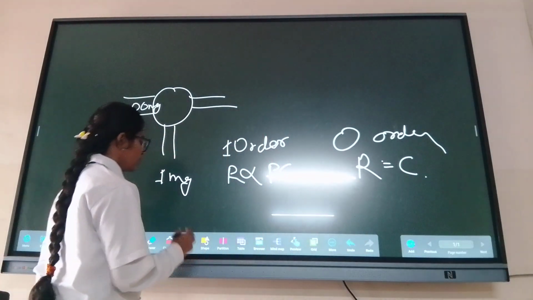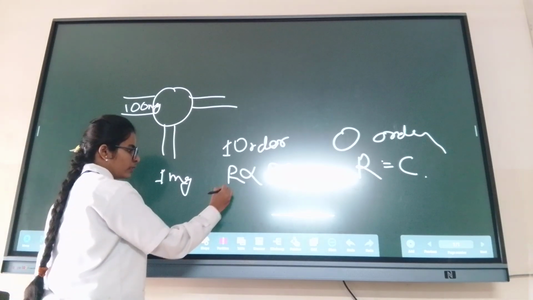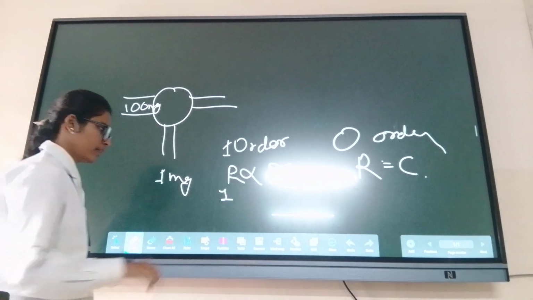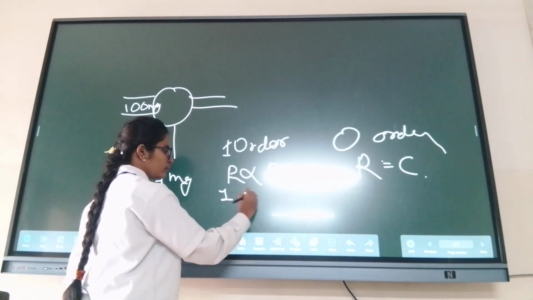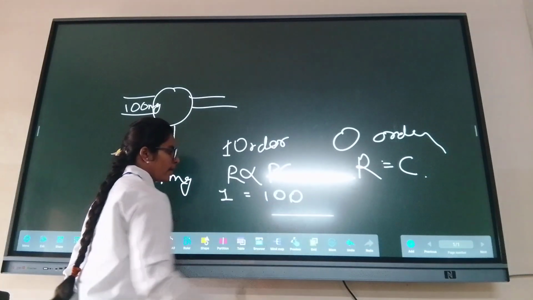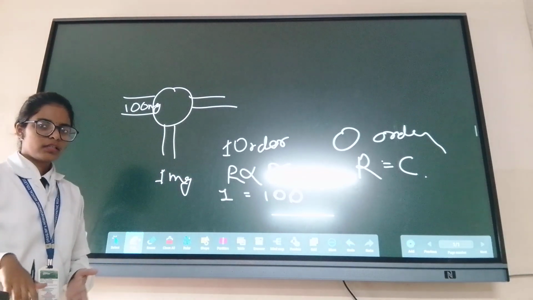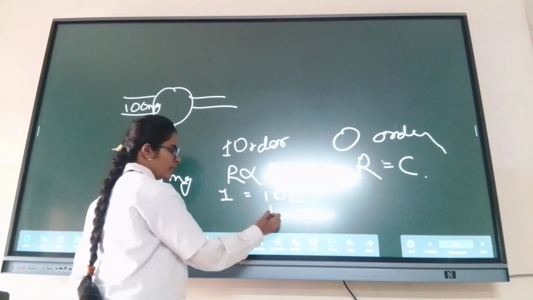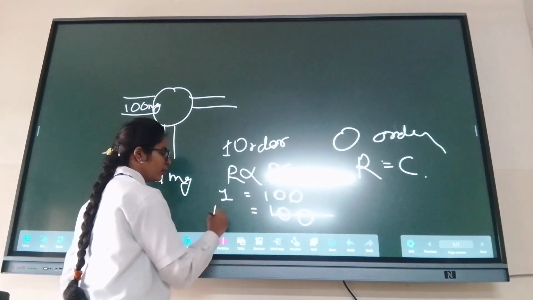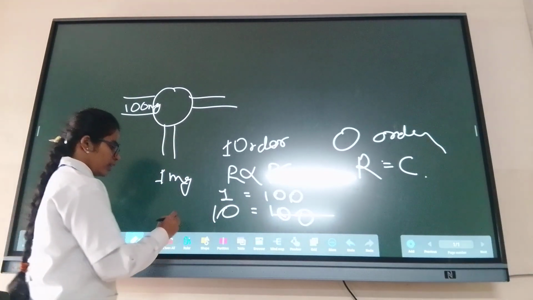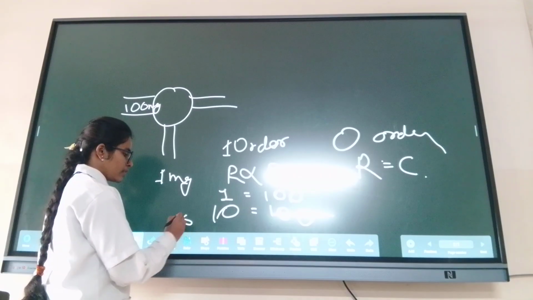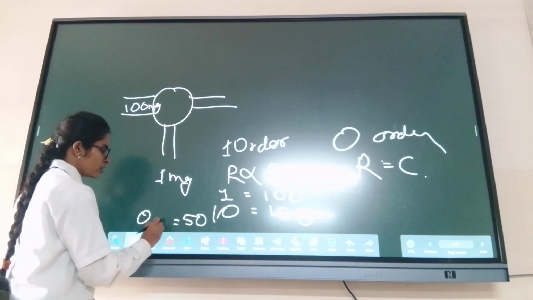Okay. Suppose 1 mg drug is eliminated. First order kinetics: if the plasma concentration is 100 and we increase the plasma concentration, the rate of elimination will increase. If we decrease the plasma concentration, the rate of elimination will decrease.